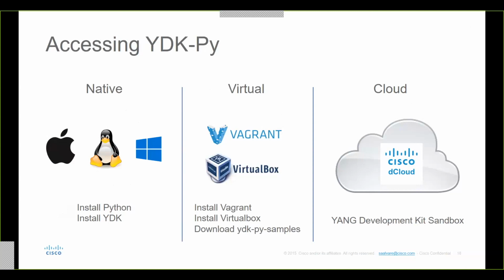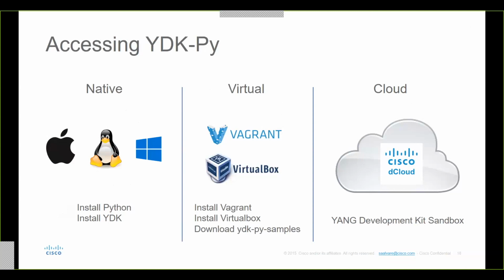The other option is to use one of our sandboxes. So if you're not familiar with Python, maybe you have a Windows laptop and you're not too familiar with Python and all that, you don't want to work through all these setups. Another option is to use a sandbox. We have two sandboxes, one of them using Vagrant. Vagrant is an open source tool that facilitates the creation of development environments in a very simple fashion.